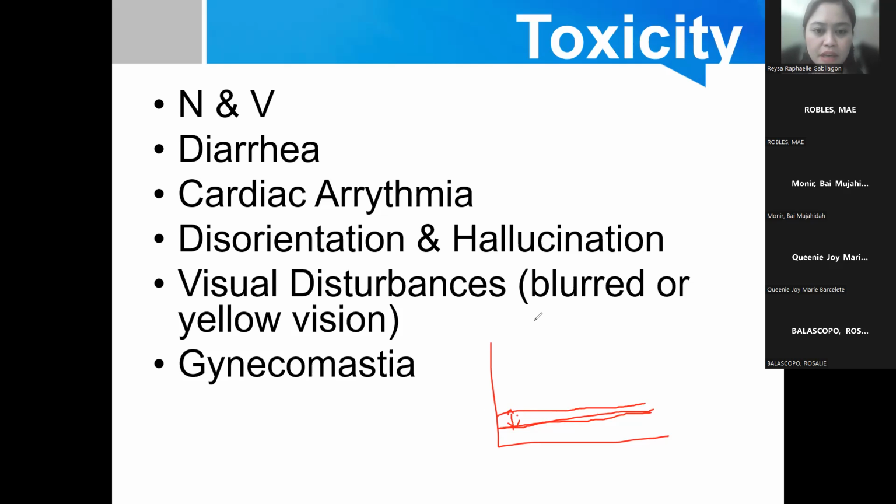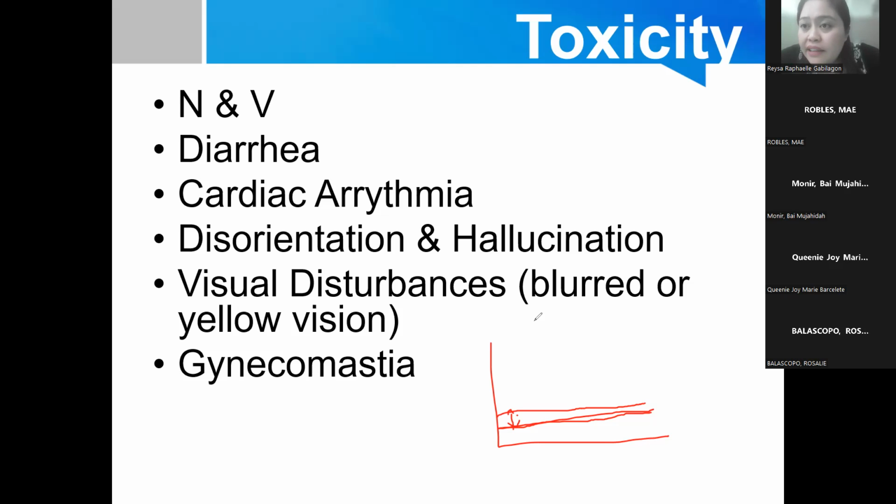Now, what happens to a patient if he or she experiences toxicity? Nausea and vomiting are common for most drugs. The first thing that the patient will experience is diarrhea. That's GI disturbance, okay? But please take note that the life-threatening toxic effect of digoxin is cardiac arrhythmia.